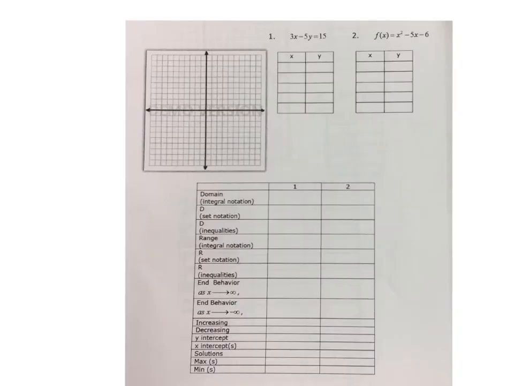So you should have a copy of this worksheet in front of you. If you don't, I will make sure that it's in the Google Drive so you can download it and print it. But we're going to put this first graph on in black. And then we're going to do this second in red. And we're going to fill in all of these characteristics down here. So this first graph I know is a line.